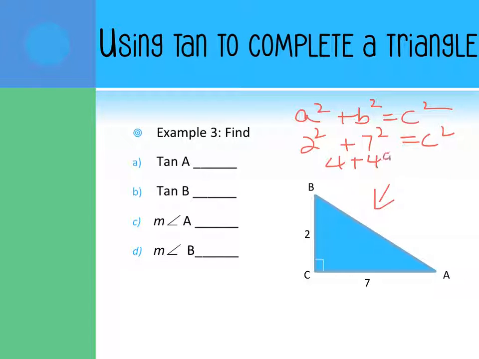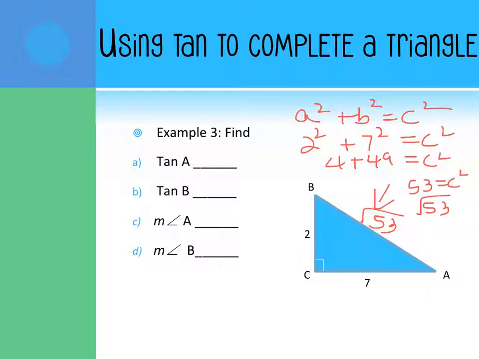So 4 plus 49. So this would end up being 53 equals c squared. To find c, you just square root it. If it says round to the tenth place, we would hit the button and get that answer. For now, we don't need to use that. I'm just going to leave it as square root of 53.